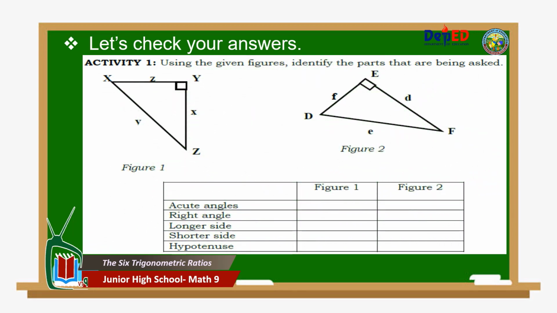The answers are the following. Were you able to get the correct answers? If not, kindly study the answers given on the activity.